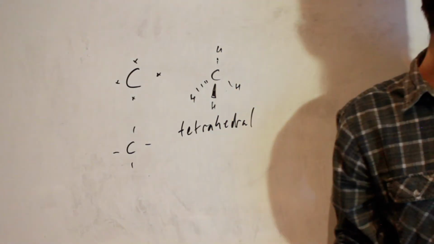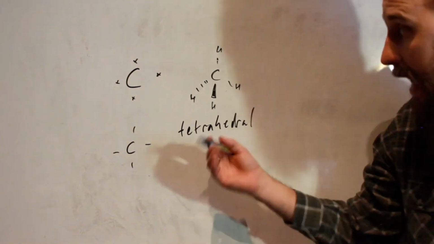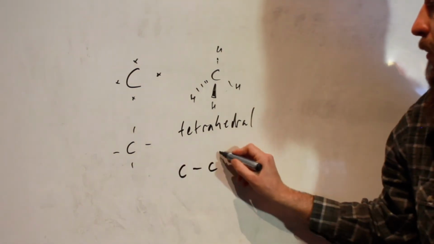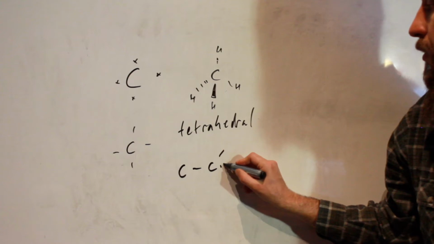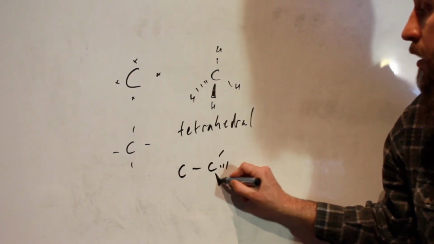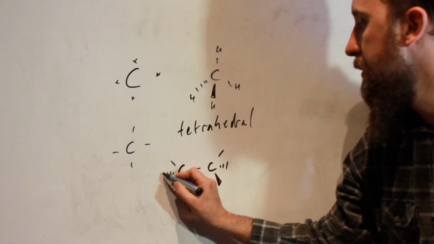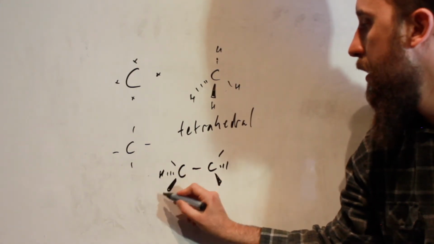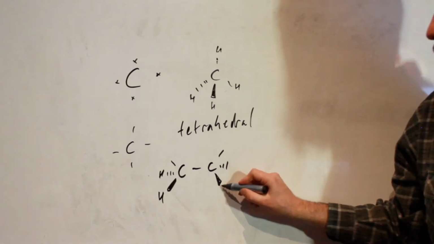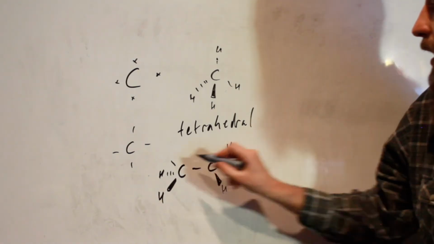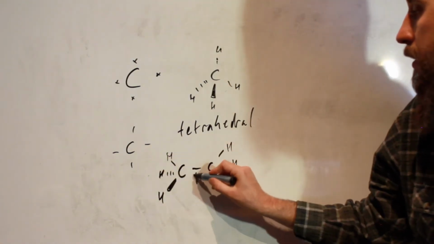If I were to draw an ethane molecule, carbon, carbon like that, I can do my tetrahedral geometry for both of my carbons, because they're both going to be sp3 hybridized. We form a sigma bond between each of the carbon atoms.